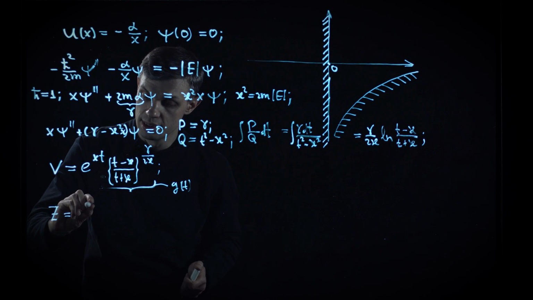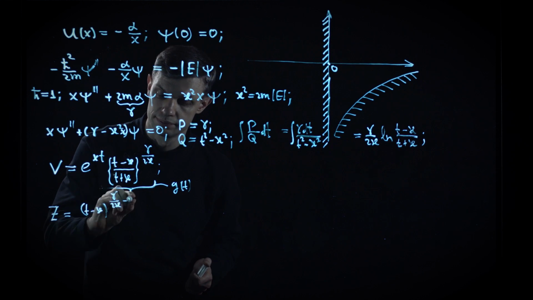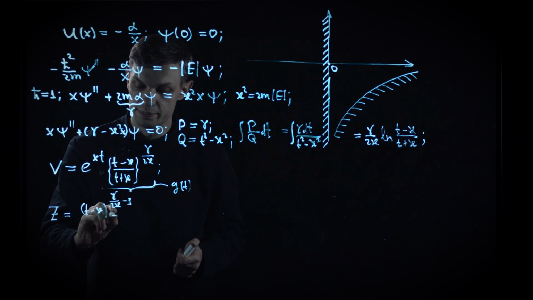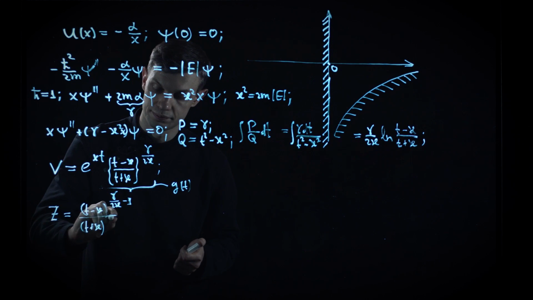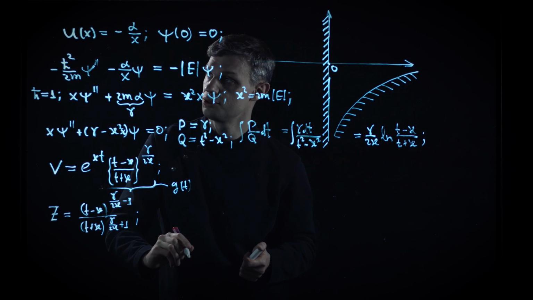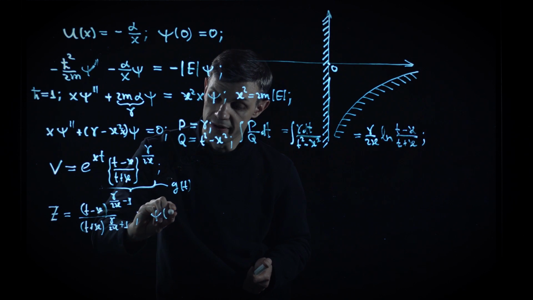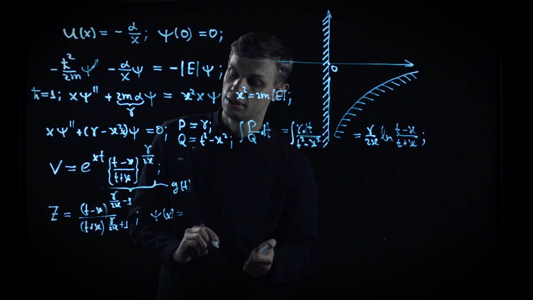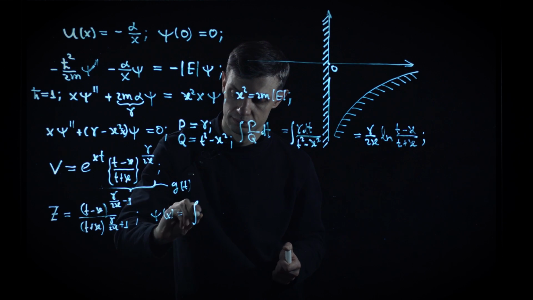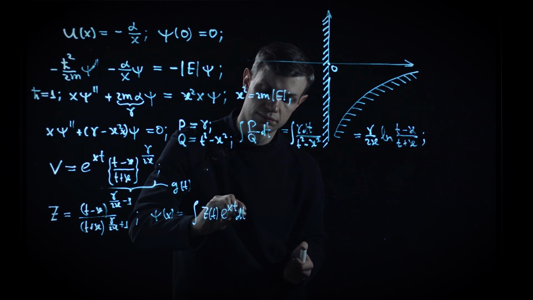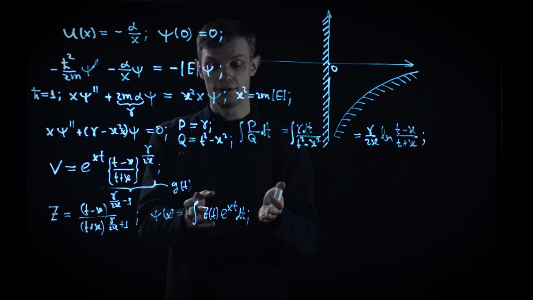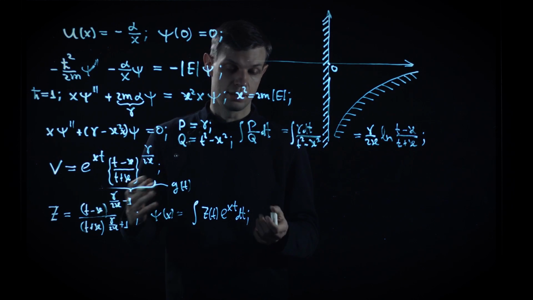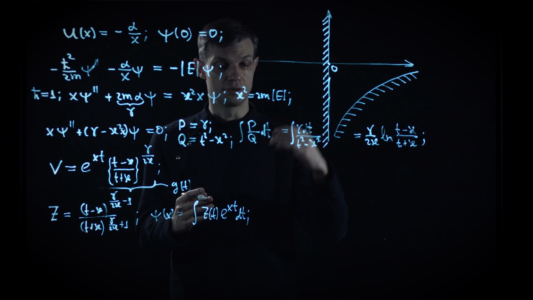So it gives us t minus kappa in the corresponding power divided by t plus kappa. And the solution, the wave function, looks as follows. And now let's analyze the structure of the solution and build the corresponding spectrum.